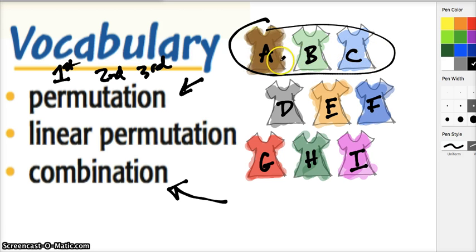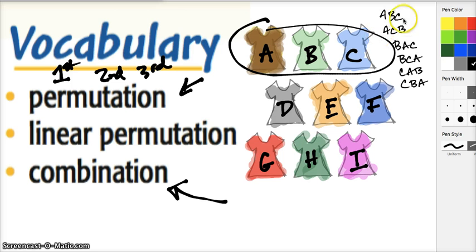For every group of 3, I have to think about the fact that I can organize them in 6 different ways. So let's just write it down. It could be ABC, ACB, BAC, BCA, CAB, and CBA. And that's just for these 3. That's how many different choices I have in a permutation.